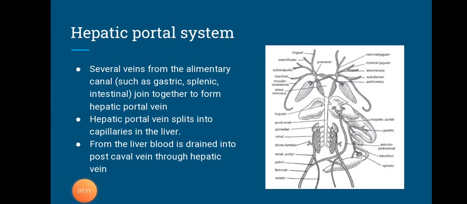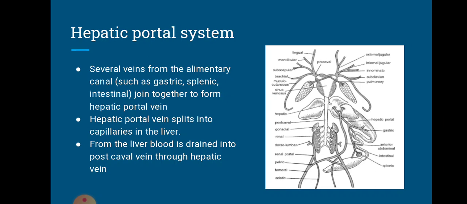Here also you can see several veins from the alimentary canal, such as gastric, splenic, intestinal. All these veins are formed from several capillaries. And all these veins join together to form the hepatic portal vein.